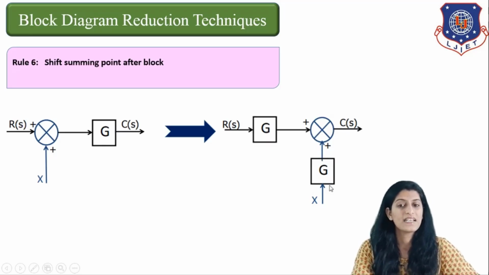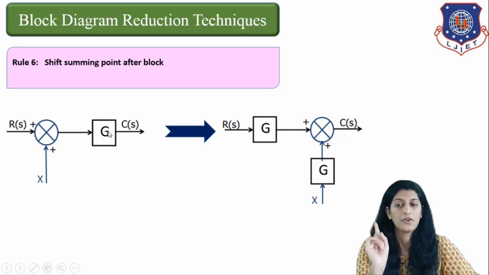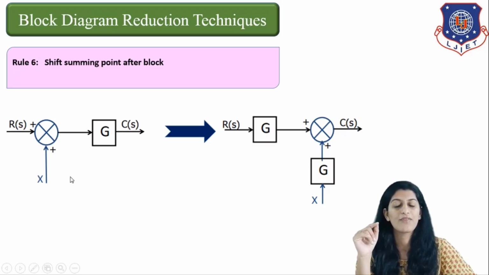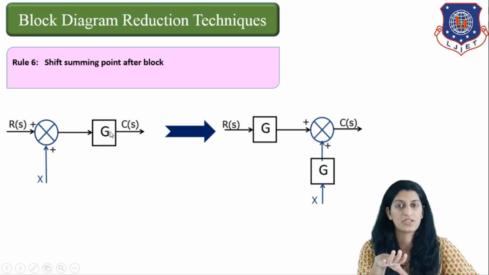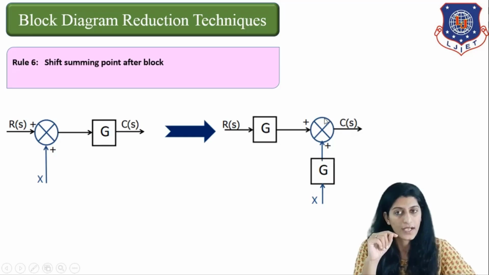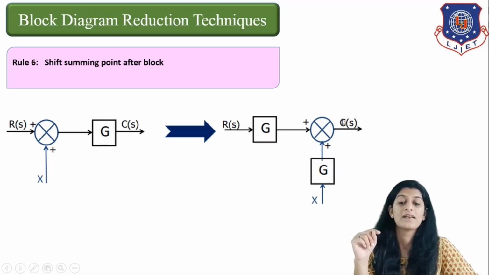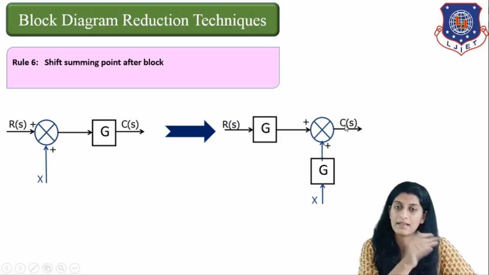So what we have done to shift it, we give both the individual values individually to block G, and the results are added up in the summing point. Right. So if you can see here, R is going to G, X is also going to G, and the resultant of both of them is then summed up in the summing point, and you get the same result as the output.